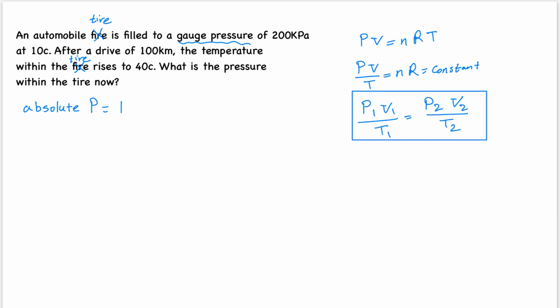It is roughly 101 kilopascal. This is for 1 atmosphere, I mean, the pressure near the oceans, right? Plus the gauge pressure.